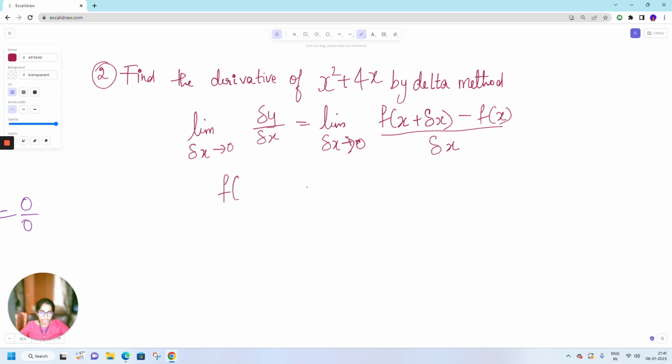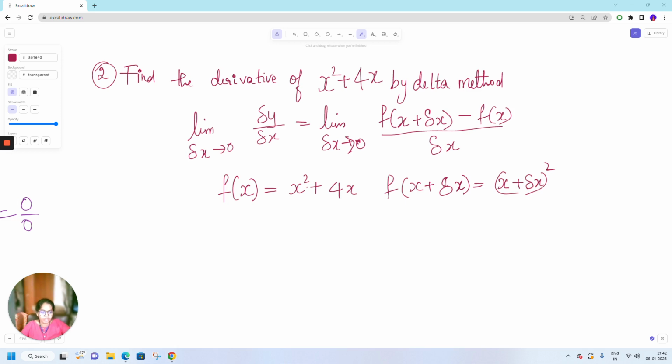What is our f of x? They have given f of x as x square plus 4x. What is f of x plus del x? Wherever you have x, replace it with x plus del x, the whole square.